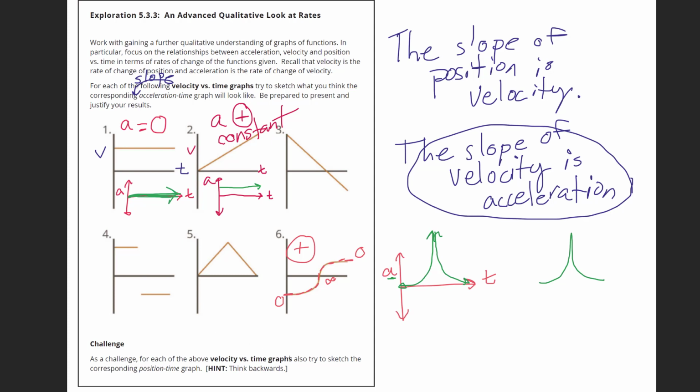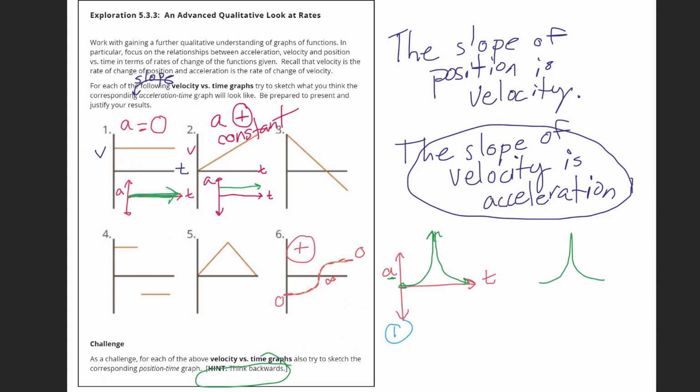And then the challenge is also kind of fun. Don't think of it too much as a challenge. But this is kind of going backwards if you were to do this. Given these velocity graphs, how would you draw the position graph? So you would think of each of these graphs given here as your slopes. How would you go backwards to do that? And I'll do a quick one with you. I'll draw number 1 as part of the challenge.